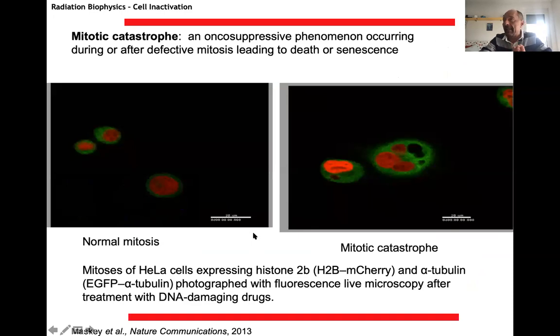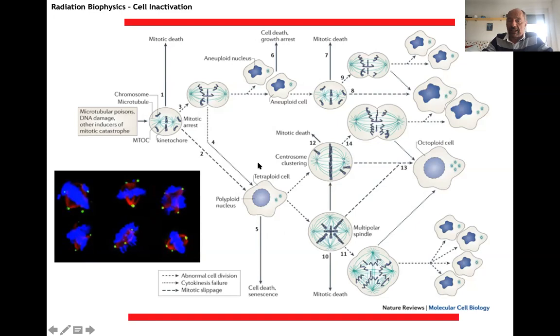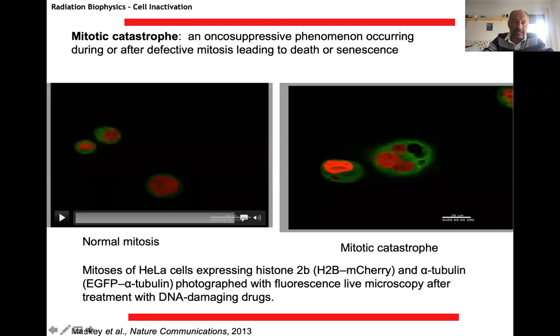So let's start instead with mitotic catastrophe, because you see the role of the chromosomal aberrations: when you go into mitosis they eventually result in abnormal cell division, and this can lead directly to mitotic death, to mitotic catastrophe. You can see it nicely here. These are HeLa cells.